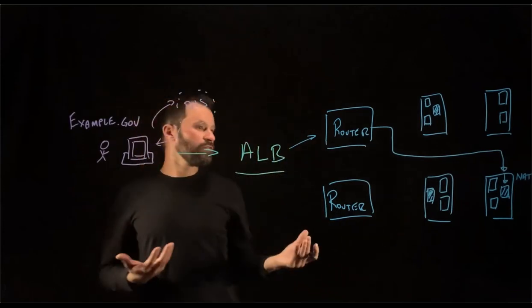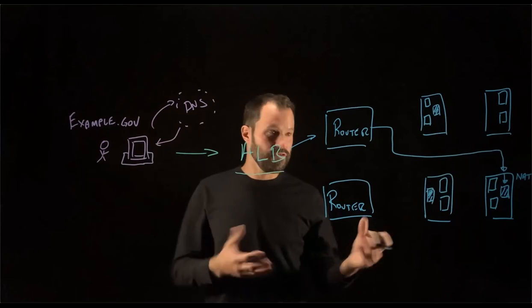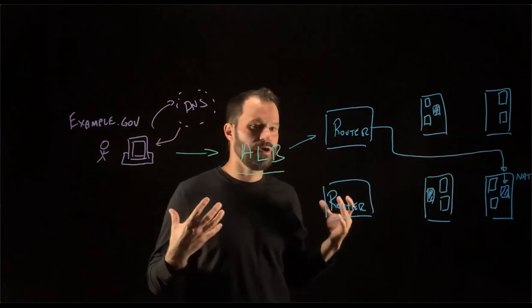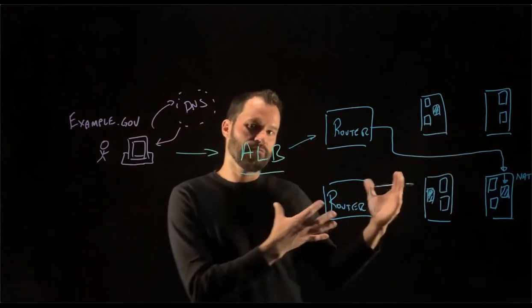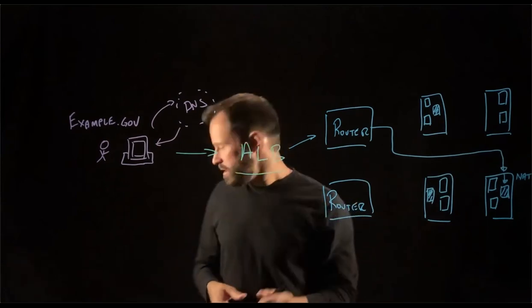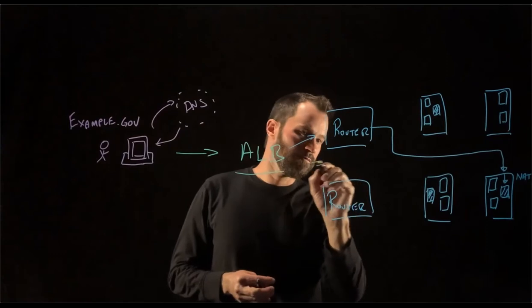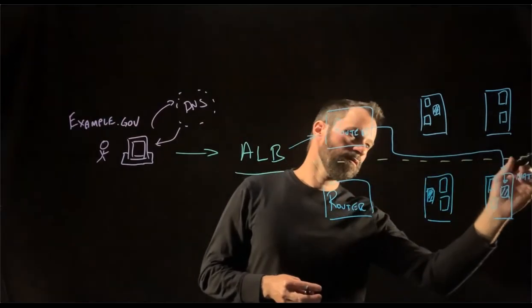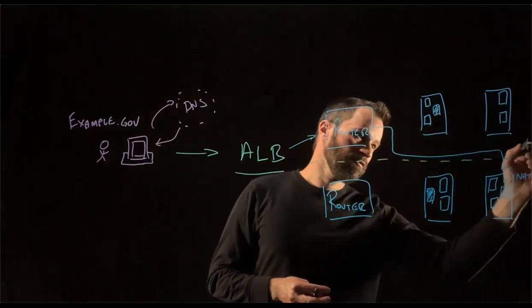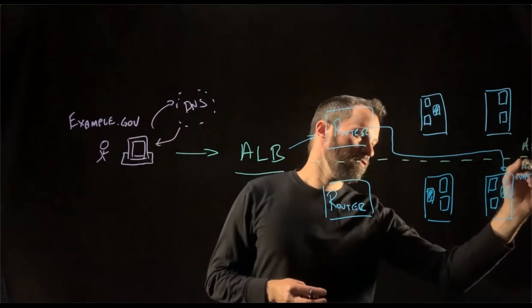Now, I drew this picture this way because we are running in a virtual private cloud in Amazon, but we're also running across two availability zones. I'll just label that AZ1 and AZ2.